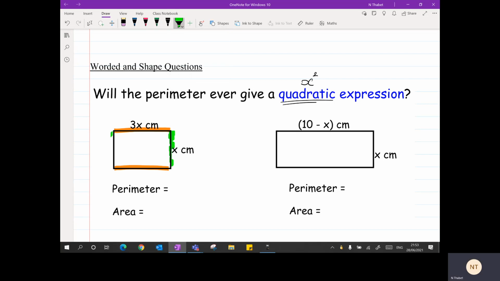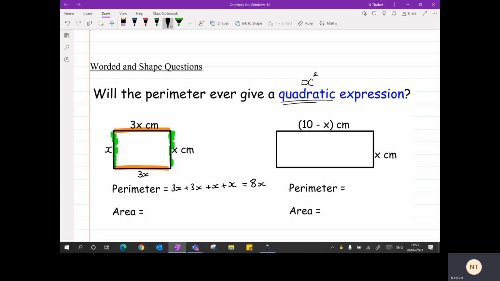So remember, these two sides that I've highlighted in green are the same, and the orange ones are the same. So the perimeter would be 3x plus 3x plus x plus x. We're not multiplying, so there's no powers. I'm simply collecting like terms. So that's 6x, add 1 is 7, add 1 is 8x. No quadratics.